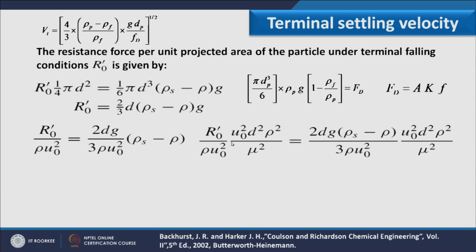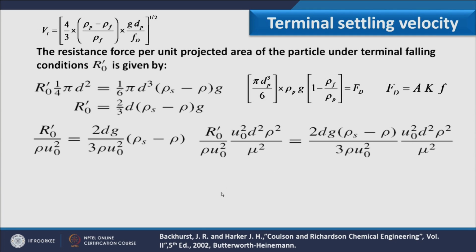If you consider this expression, further we will multiply both sides of this equation by Reynolds number square. If you see this expression, u naught square d square rho square by mu square, this is nothing but the Reynolds number square. So, Rho dash by u naught square into Reynolds number square is equal to this expression into Reynolds number square.